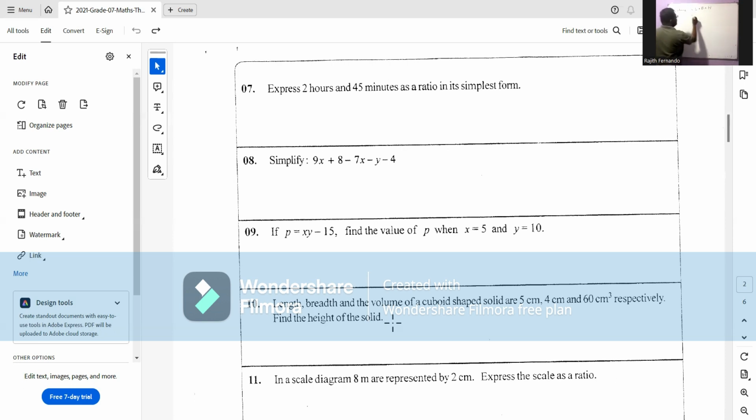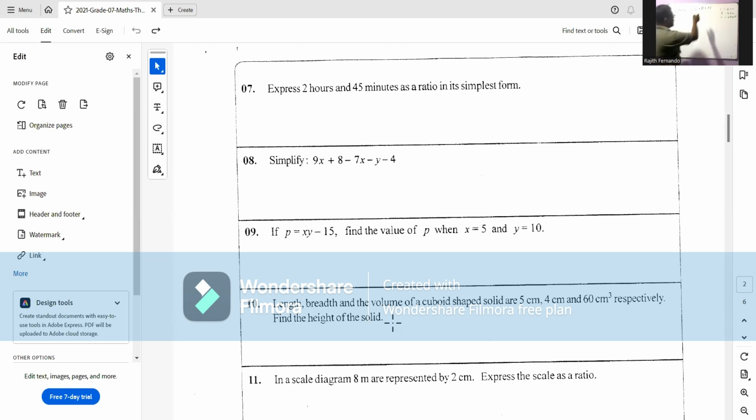You can substitute now. The length is 5 centimeters, the width is 4 centimeters, and the volume is 60 cubic centimeters.